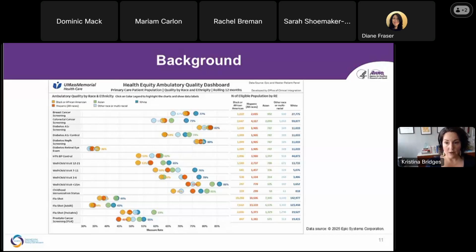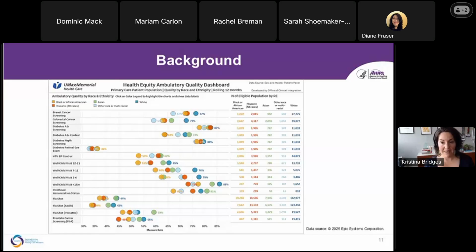This dashboard allowed the researchers and clinicians to pinpoint that they wanted to focus on well child visits as a priority area. They saw the gaps were large. They worked, I think, together with a stakeholder team as well, and they designed targeted interventions, and they actually reduced the gap.